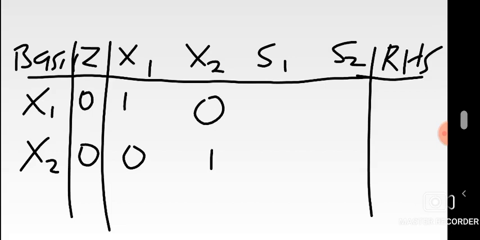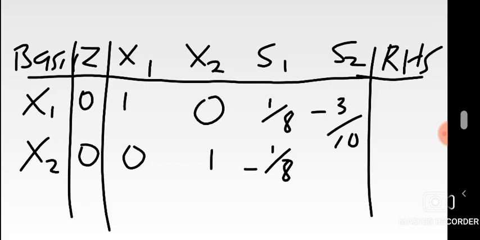Then we have these figures in the slack variables, 1/8, -1, -1/8, and then -3/10, 9.5, equal to 88 and 20.